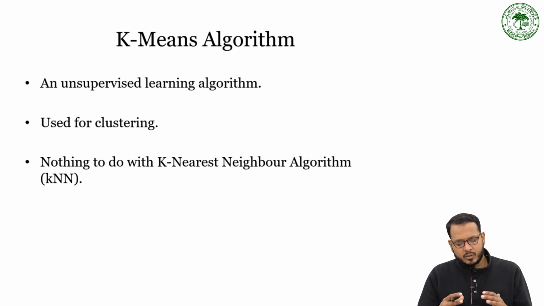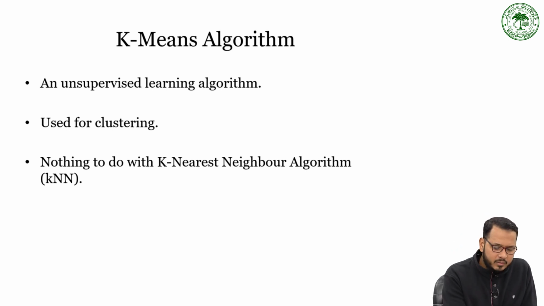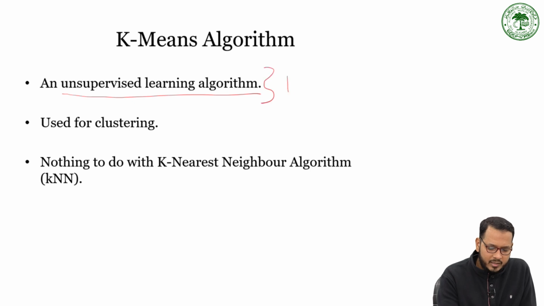So this process of identifying groups based on similarity is called clustering, and one of the very famous algorithms for it is called the k-means clustering algorithm. It is an unsupervised learning technique. Why? Because we are dealing here with unlabeled data.